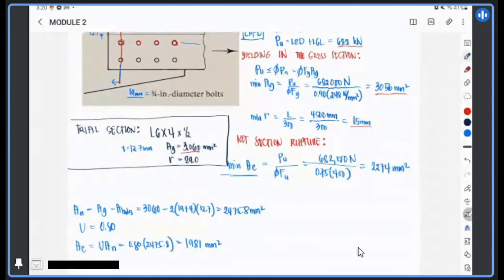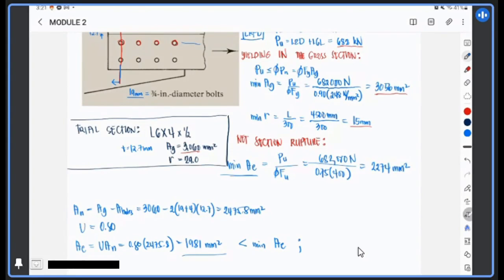So, since our computed Ae is less than that, our section, our trial section L6 by 4 by 1/2 is not suitable. It is less than our minimum Ae. Okay, so it will fail in net section rupture if that's the case.